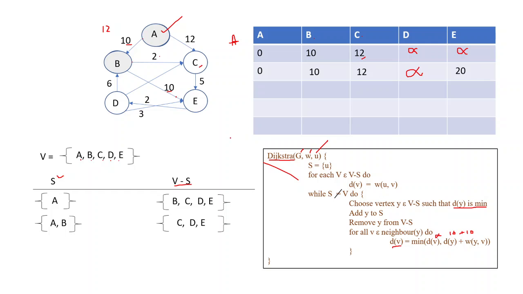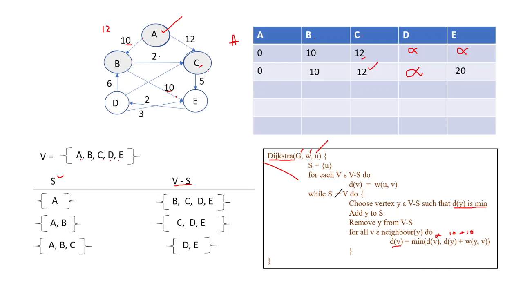Next, we have already chosen A, we have already chosen B. Now the possible candidates are C, D, E, and we need to choose a node that has the least path cost from A. Since A and B are already chosen, the least path cost is 12 in this case. So now we choose C, which is 12.